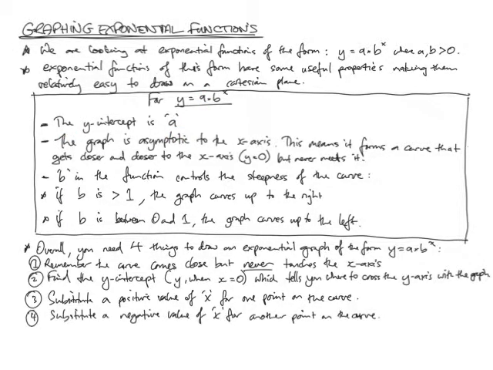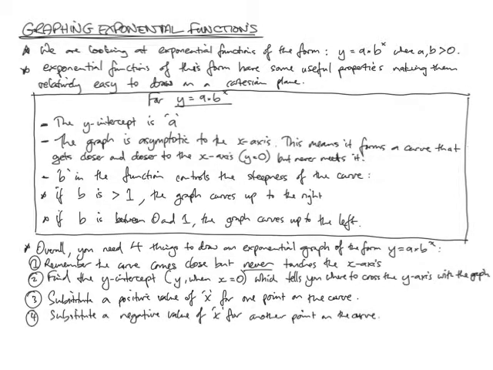The other thing to note for exponential functions, the graph is asymptotic. If you haven't done methods level maths before and you don't know what asymptotic means, it just means that it never touches the x-axis. It forms a curve that gets closer and closer to the x-axis but never meets it.